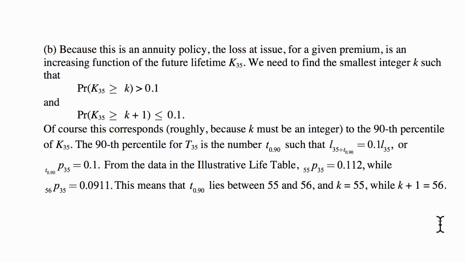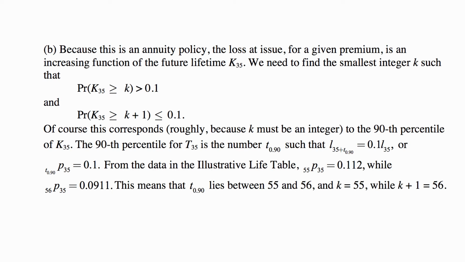And the answer that we get is 15,228.3028. Well, because this is an annuity policy, the loss at issue for a given premium is an increasing function of the future lifetime. The longer the person lives, the more expensive this thing gets for the insurance company. We need to find the smallest integer k such that the probability that the future curtailed lifespan is greater than or equal to k is more than 0.1, but the probability that the future curtailed lifespan is greater than or equal to k plus 1 is less than or equal to 0.1.